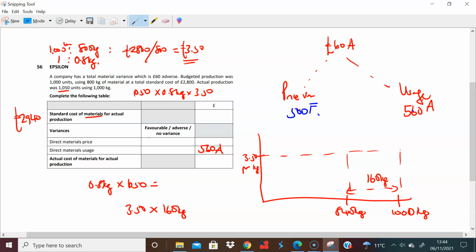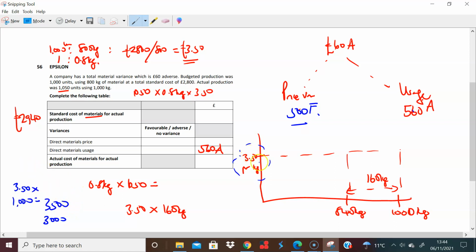Now, what else do I know? Well, I know that you should have spent £3.50 on these 1,000 kilograms you bought. So you should have spent 3,500, but you have a £500 favorable variance, which means you must have spent 3,000. Because that's why it's a favorable variance.